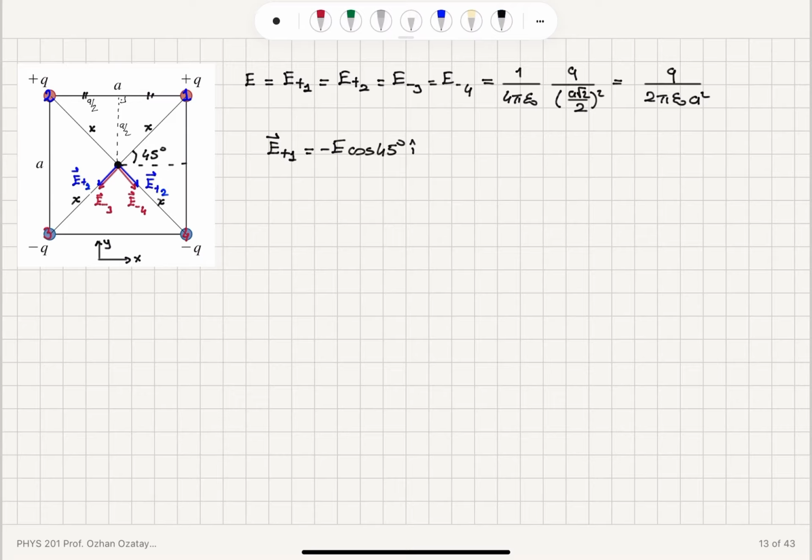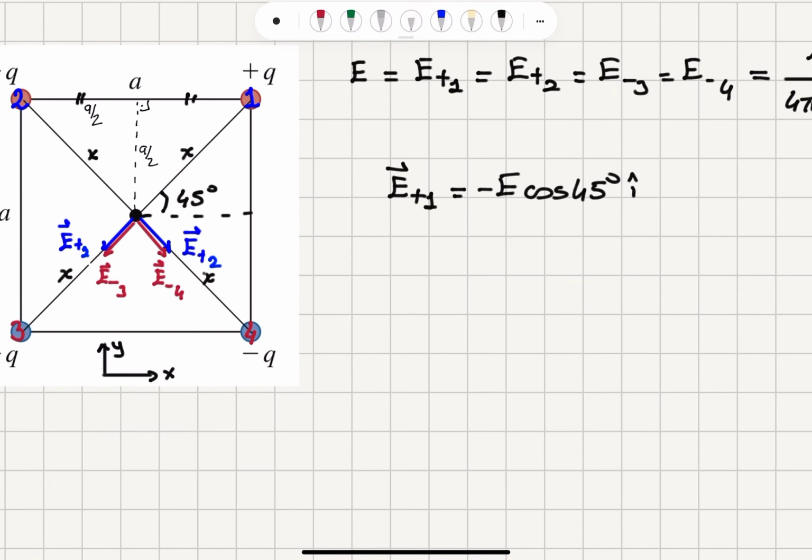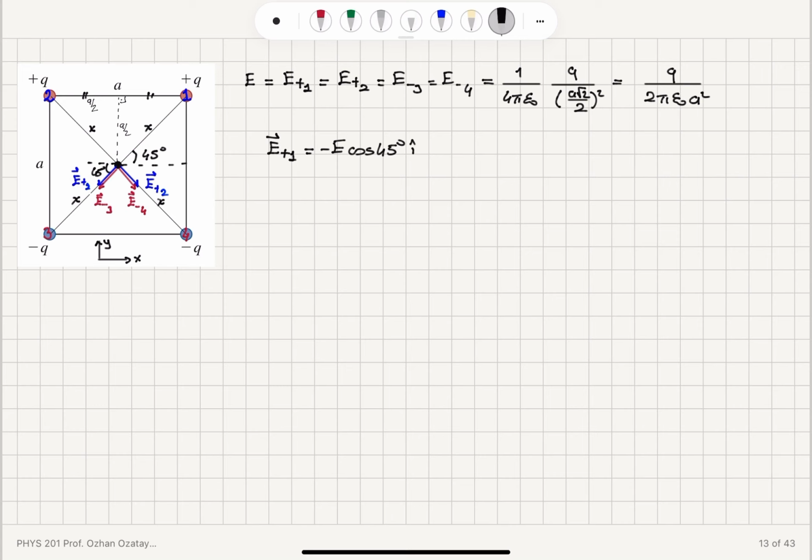And then we will have the y component. So we will consider, because this angle is 45 degrees, the y component. Now that will be in the minus j hat direction. So minus E sine 45 j hat direction. Now, as for the second charge, E plus 2, we will have the electric field E.